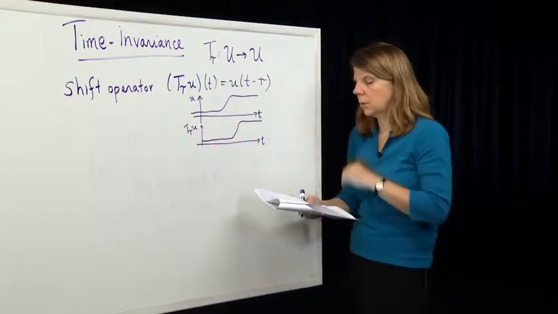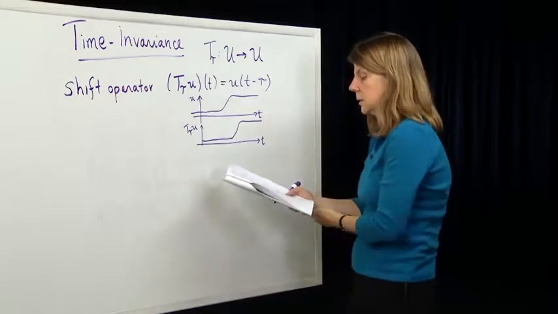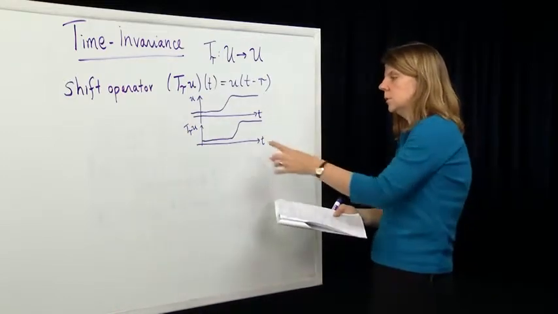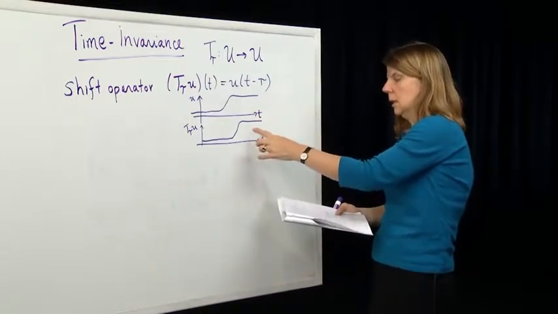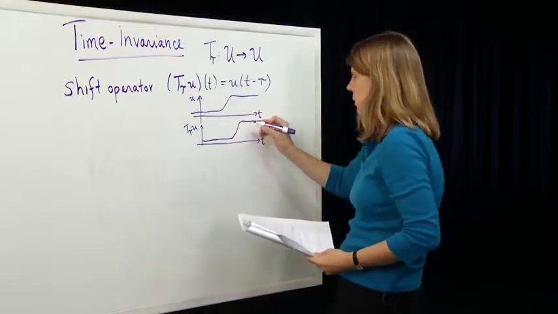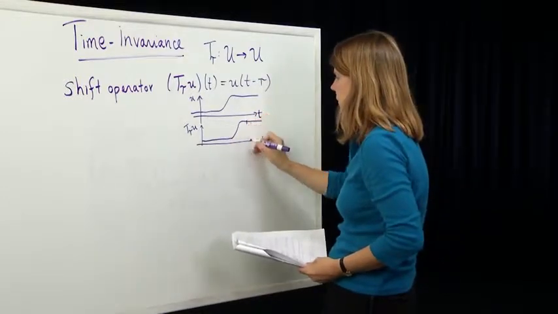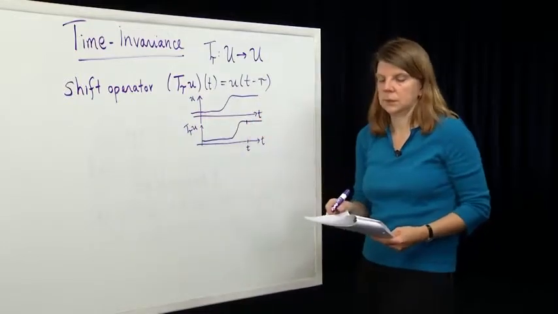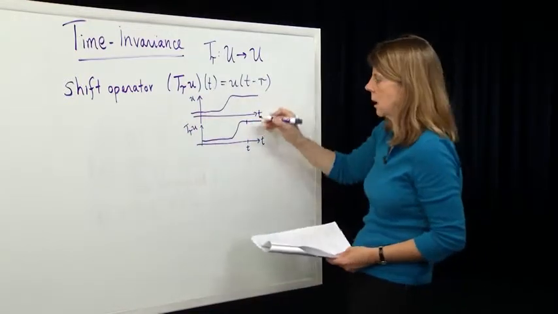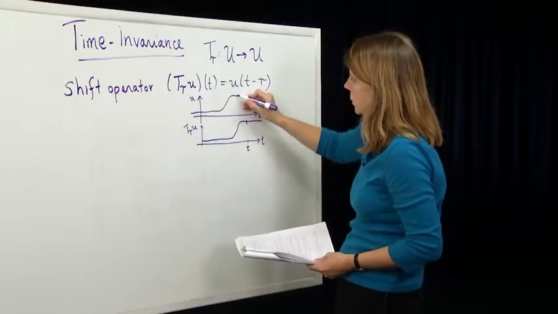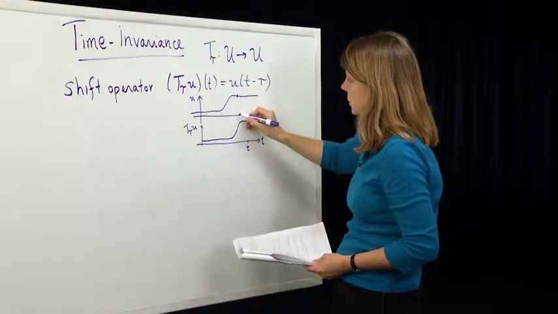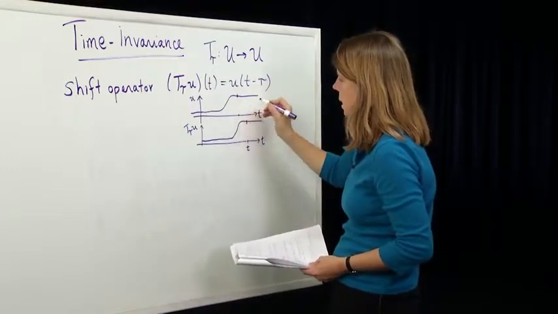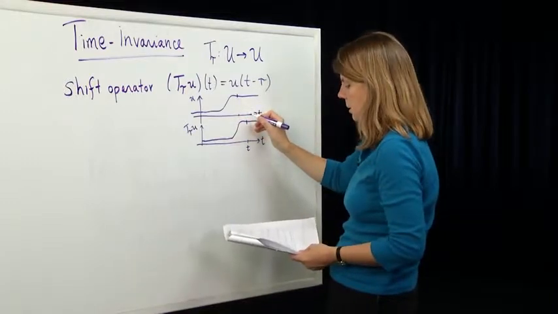So we have the property that the value of the new signal at time t is the value of the old signal at time t minus tau. So this is equal to this value over here, where this is time t minus tau.